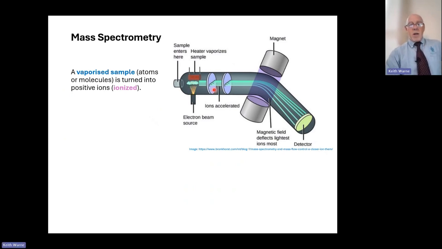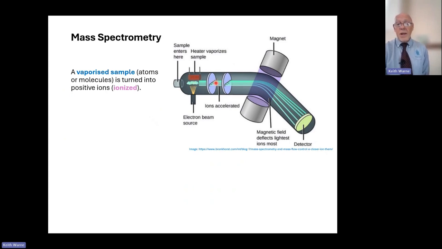Okay? So some of the atoms have one electron knocked out of them. Next to that, they've got two plates. And these two plates, it doesn't show you here, but these two plates are connected to a positive and a negative, so that they attract the charged particles. These particles have now got charged because they were smacked by electrons. So here you've got particles that get smacked by electrons. They're vaporized. They're now ionized.